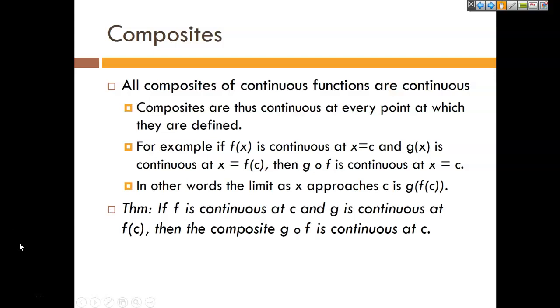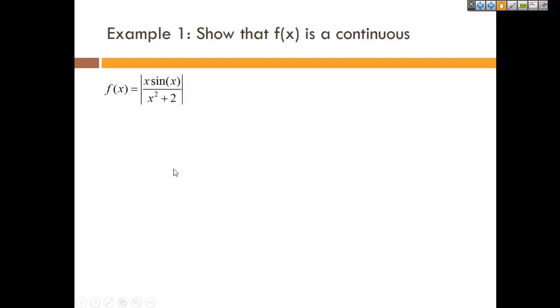So let's apply this. It says show that f of x is continuous given the following function. What we need to do is create two functions from the given function. So we're going to define two functions, h and g, from f of x.